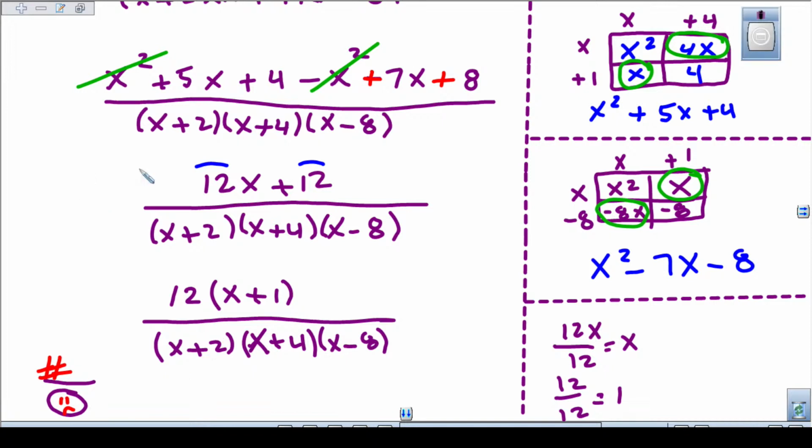Well, actually I have more than one in this case. Can somebody suggest values? If I substitute the x for a value, it's going to give me a 0 in the denominator. Which values are we talking about here?